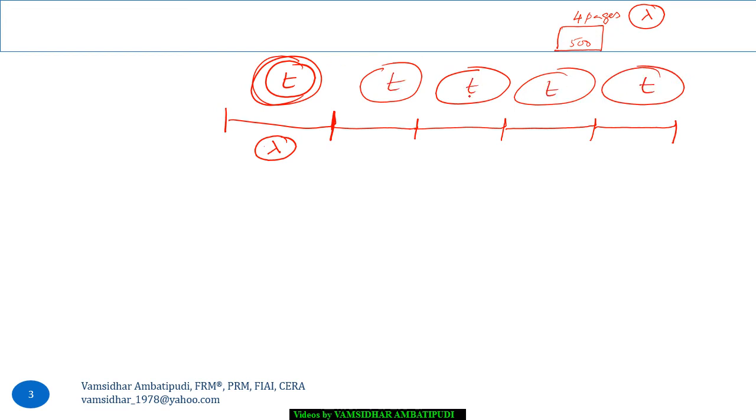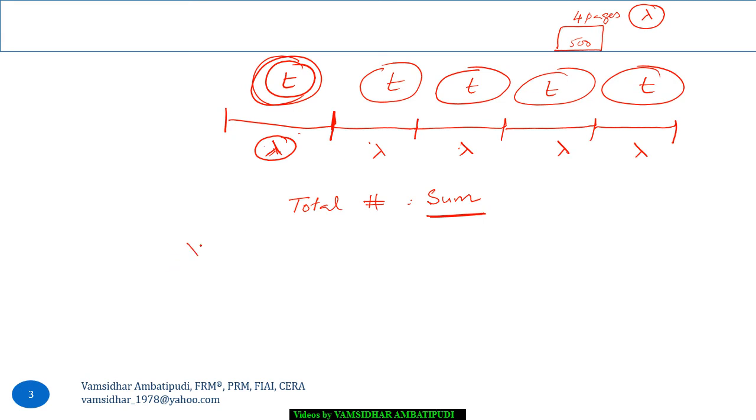All my time intervals are equal, and in each case, let's say it's a lambda, then I can very well do the summation also. So if I really want to find out the total number of random events that are occurring over these 5 periods, it is nothing but a simple summation of the number of events that are occurring in each of the intervals.